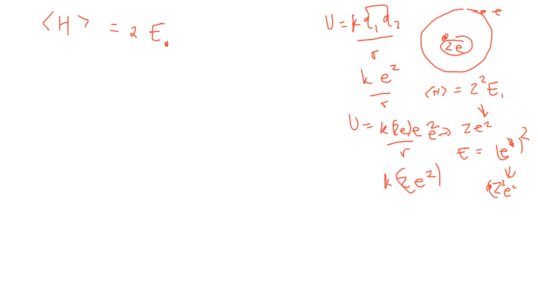So in order for you to move from a pure hydrogen atom with one proton and one electron to these hydrogenic types, you have to make sure that you replace this E squared with ZE squared. Now the energy E1 was going like E to the 4.